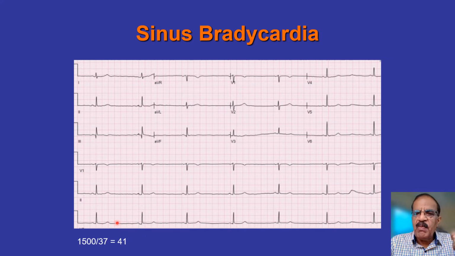So we have to make the appropriate calculation to get this figure of 1500. 1500 is actually 25 multiplied by 60, because there are 25 small squares in 1 second and we have 60 seconds in a minute. So 60 multiplied by 25 comes to be 1500. So this is how we calculate heart rate. So this is a case of sinus bradycardia.